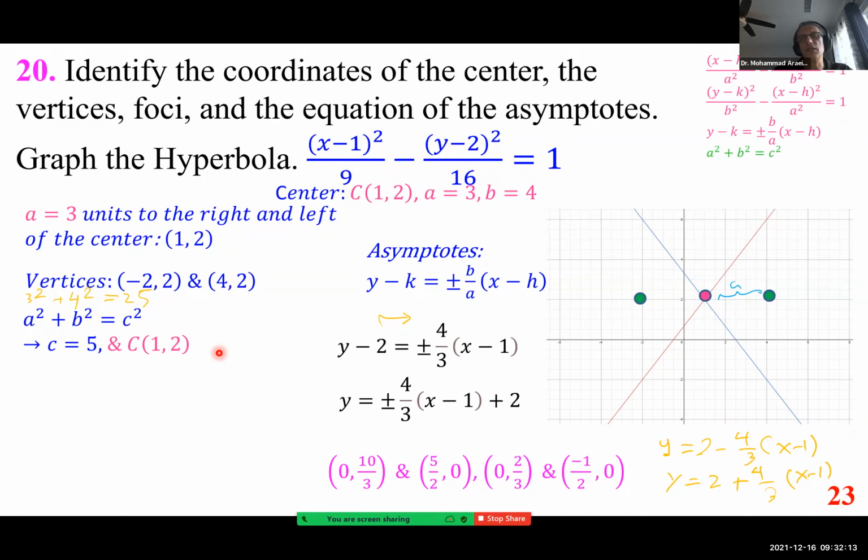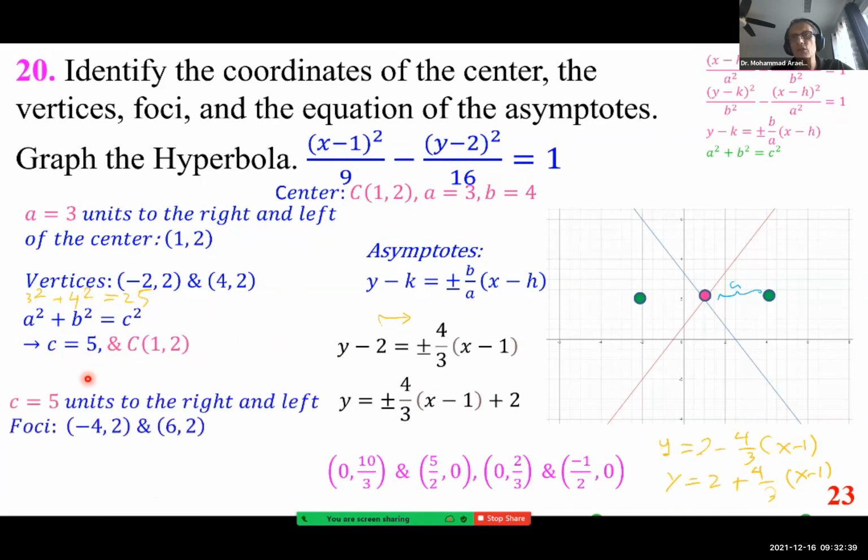So again, it's sideways, so we are going to go C equals 5 units to the right and left of this number. So the x coordinate is 1, add C units, that means 5 units, becomes 6, and subtract 5 units becomes 1 minus 5 or negative 4. Same y coordinates. So those are the foci.